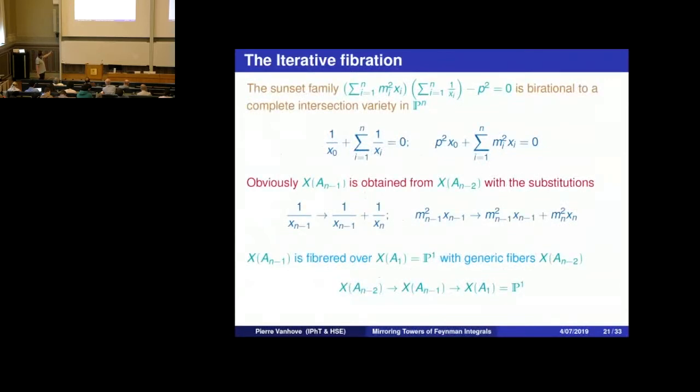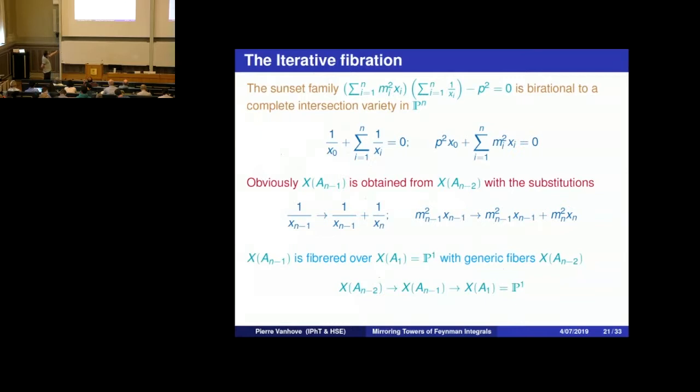So actually, the iterative structure is pretty obvious if you switch from this presentation, so my family is defined by the vanishing locus, I mean the graph hypersurface of the Symanzik polynomial. Actually, it's a simple exercise to show that it's completely equivalent to this complete intersection.